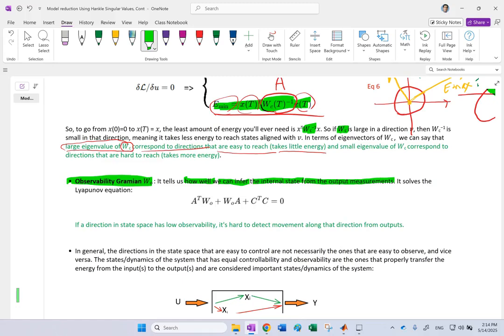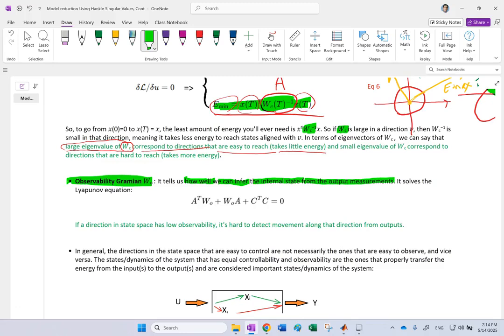Remember, the observability matrix tells whether we can even infer the state from the measurement or not. But this one is about how well we can do it, how easy it is to infer a state by measuring the output. Okay? So it's about the quality of it. It's not just about doing it or not.